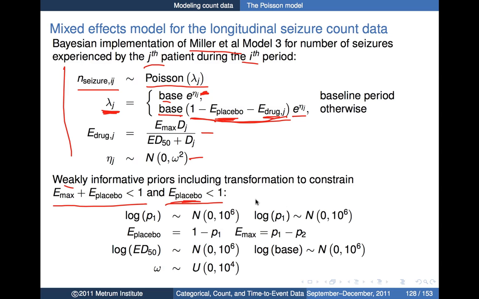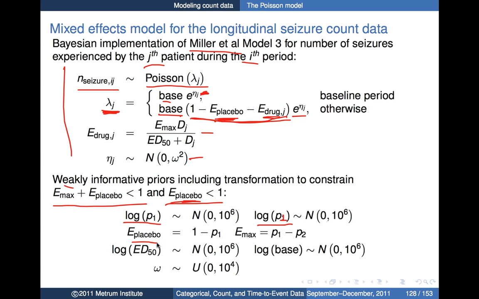The trick I've chosen here is to reparameterize things. I've defined 2 new parameters, one that I called P1 here, and another, typo, that should be P2 right over here. Both of them I'm going to constrain to be non-negative by using log normal distributions for their prior.